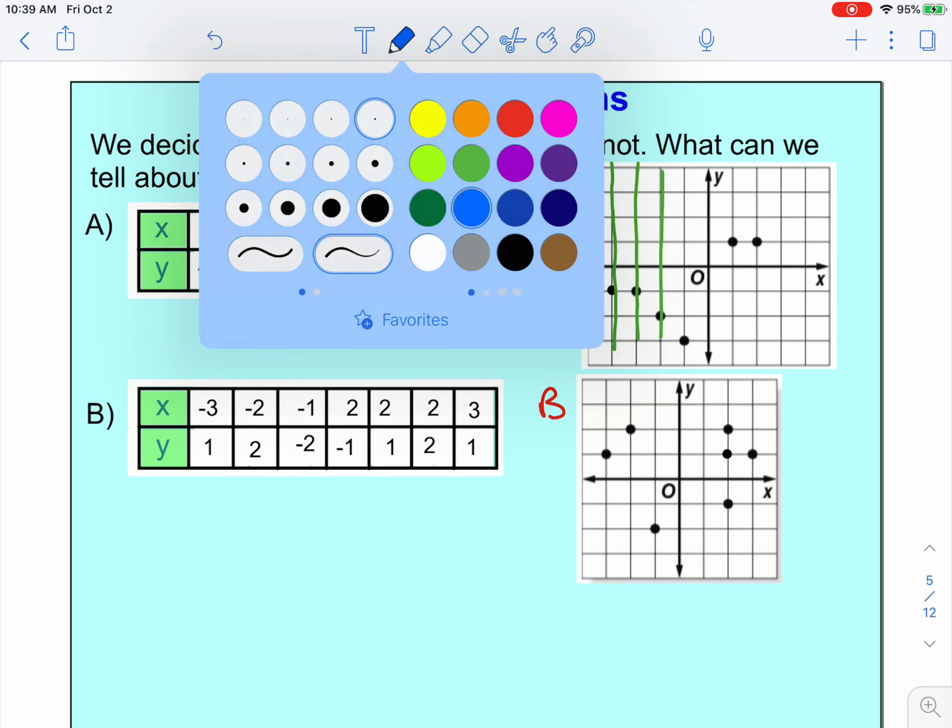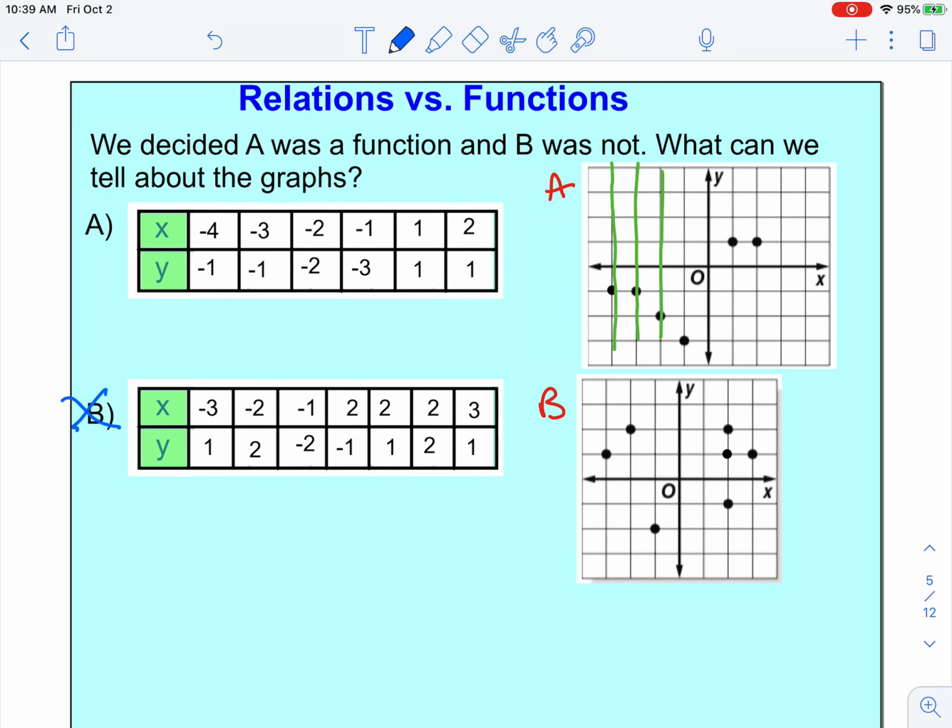But if you look at this one, that was not a function, notice that when x is 2, y has three different values. When x is 2, y is -1 for this ordered pair. And when x is 2, for this one, y is 1. And for this ordered pair, when x is 2, y is 3.